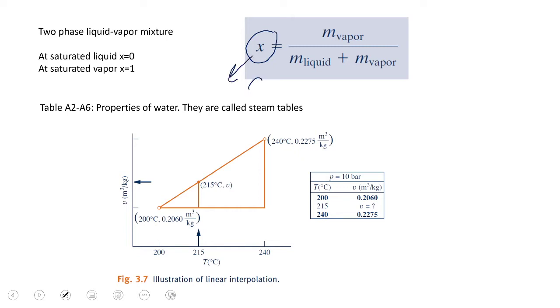This X is quality of the mixture, which basically is mass of vapor divided by mass of liquid plus mass of vapor.